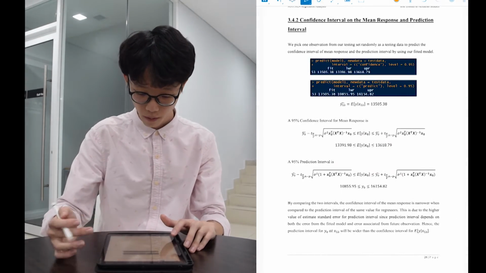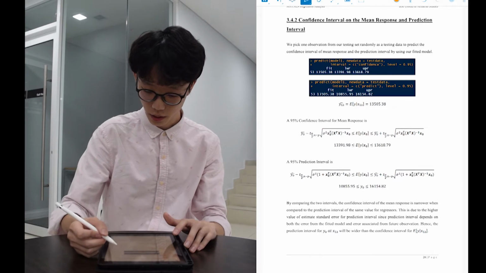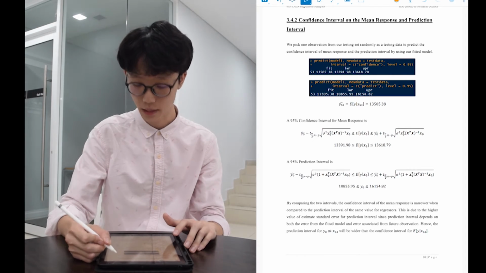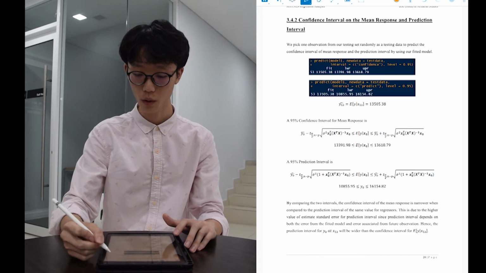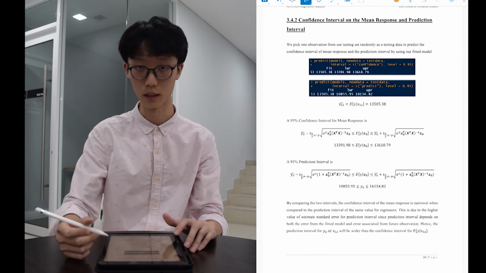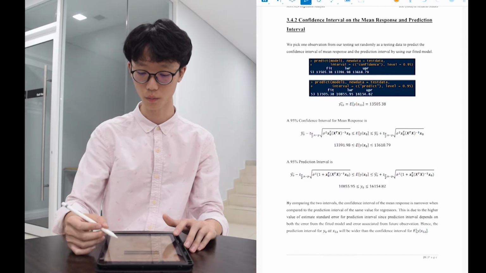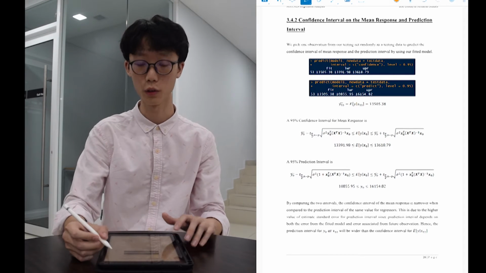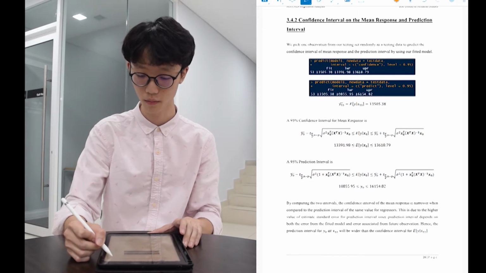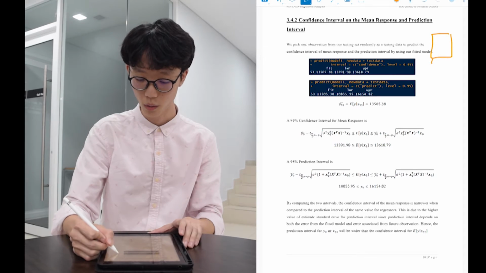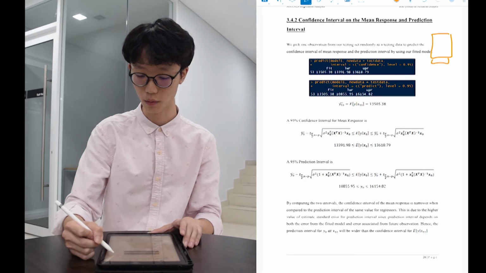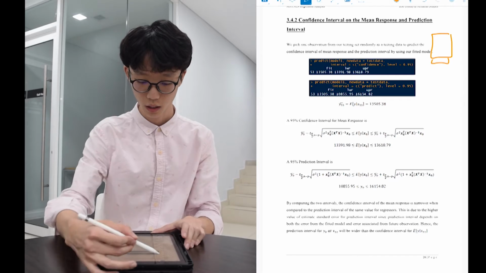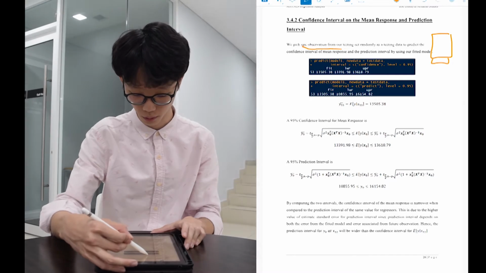As mentioned previously, we obtained the training set and testing set. Since our multiple linear regression model is based on the training set, we are testing it with the testing set, so this observation is from our testing set.